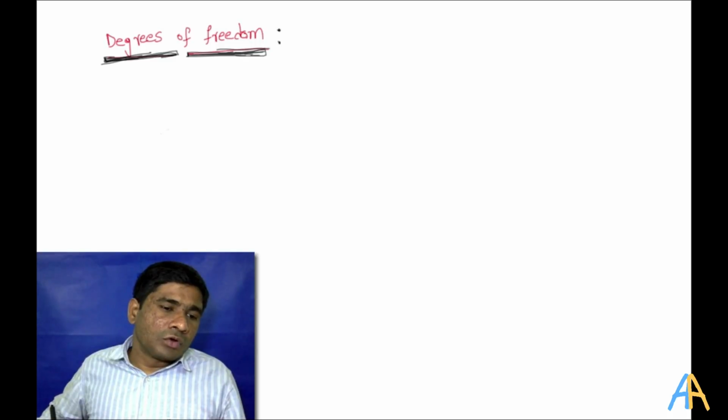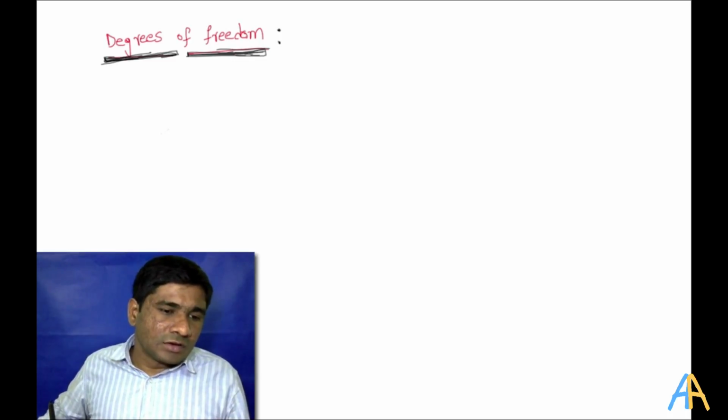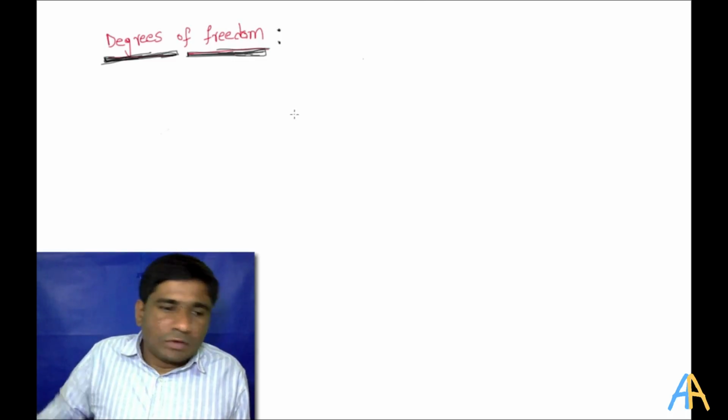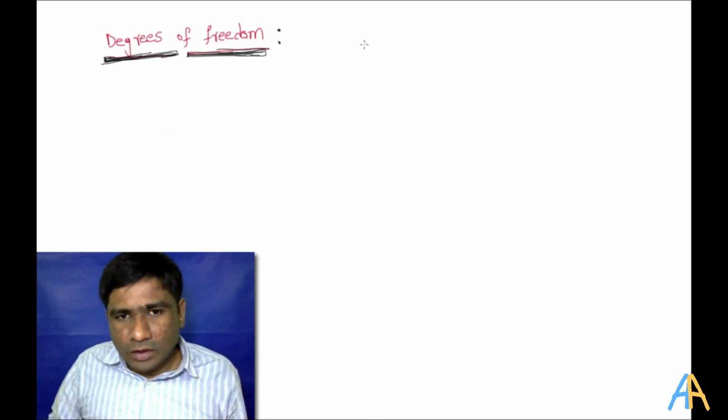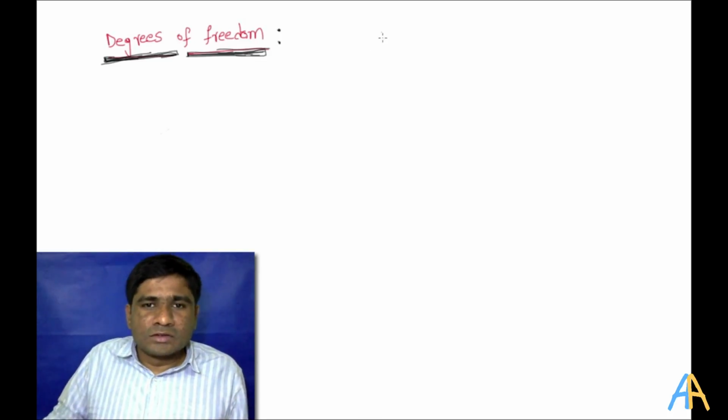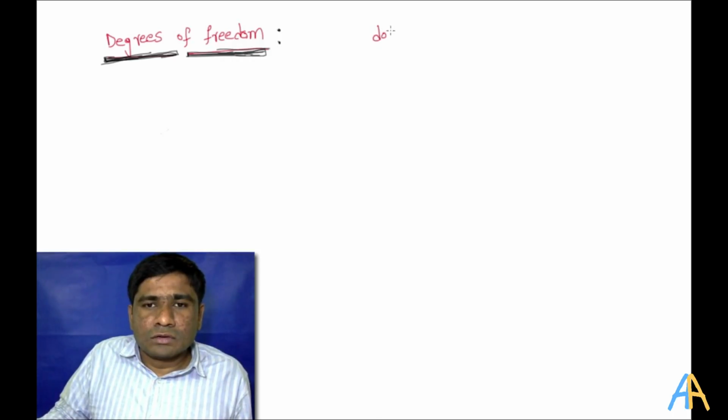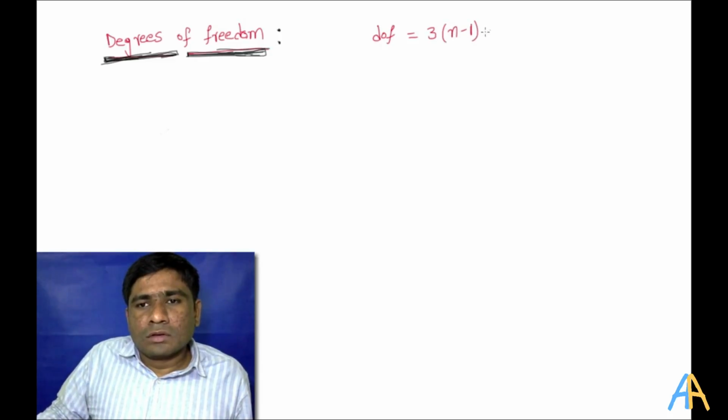Before deriving that particular equation, I would like to first write the degree of freedom. According to Grubler's criterion, degrees of freedom is given as 3 into (n minus 1) minus 2 into p1 minus p2.